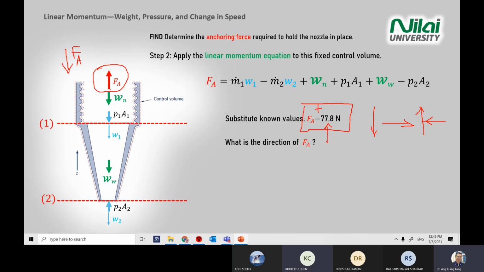Yeah, we know it's positive, but what is the reason we put the arrow pointing up? There must be a reason why it is not pointing down. You know what FA is or not? Force, right? Yeah, what force? Anchoring force. What do you mean by anchoring?